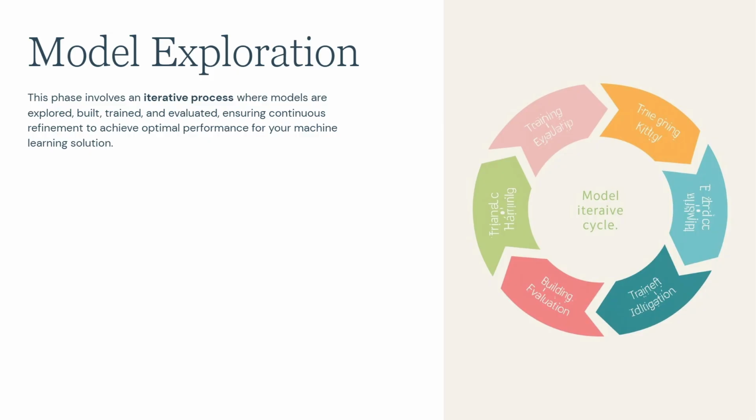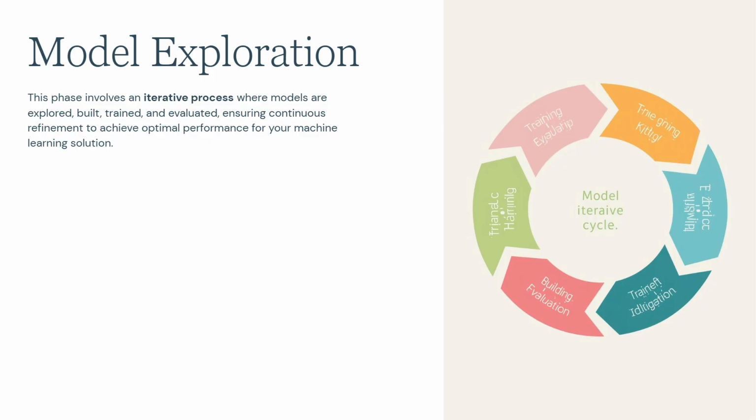Once the right features are ready, it's time for model exploration and training. Data scientists experiment with multiple algorithms, comparing results and documenting their findings. After selecting the most promising model, it's trained on a larger dataset.